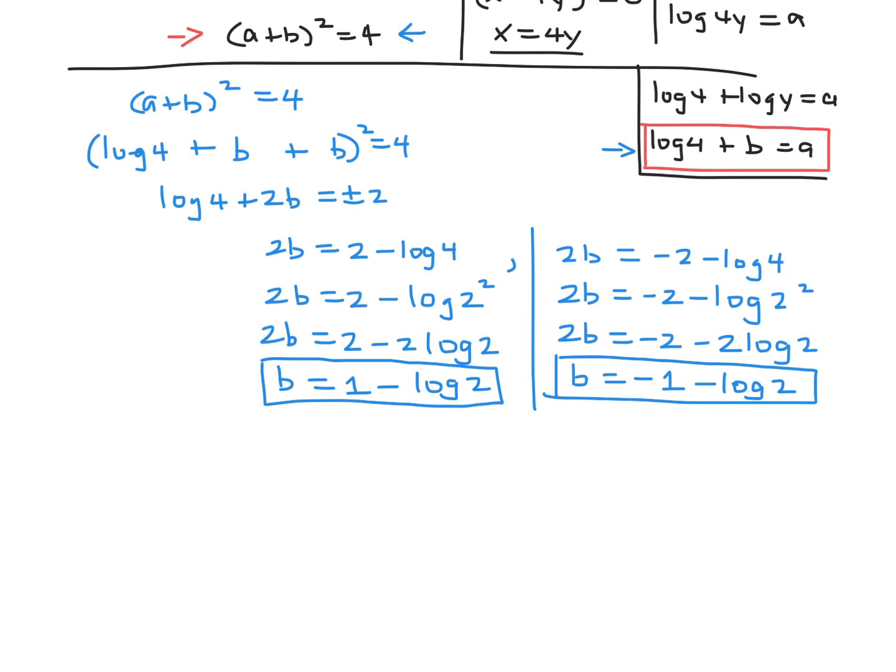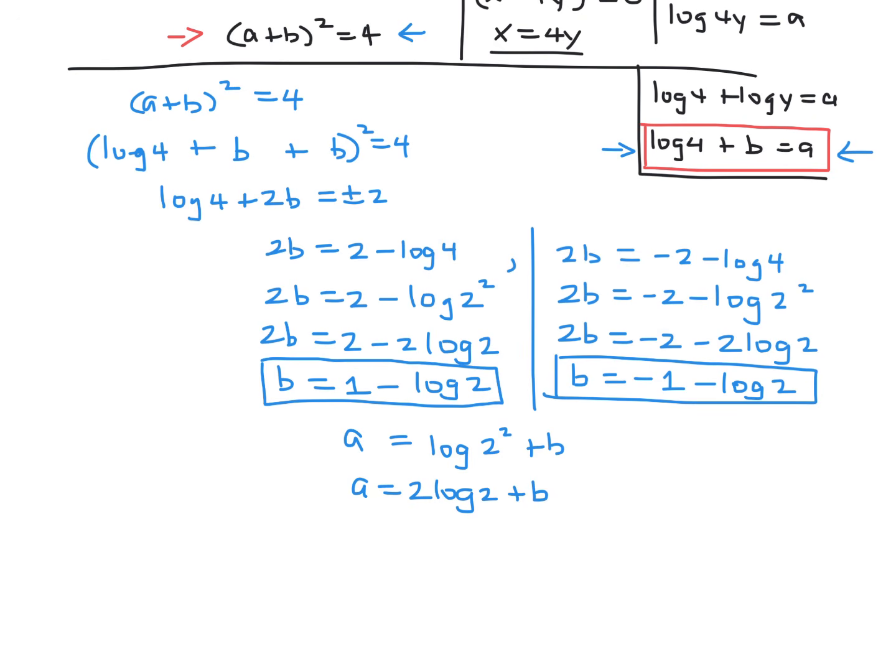And then, of course, we have to figure out a. And a is going to be the log of 4, which is 2 squared, plus b. So that's a is equal to 2 log 2 plus b.